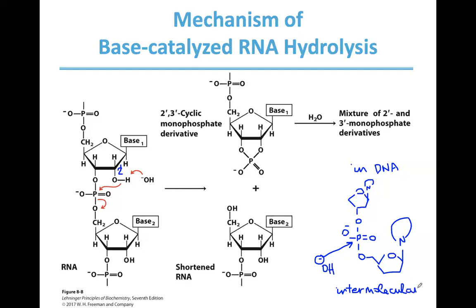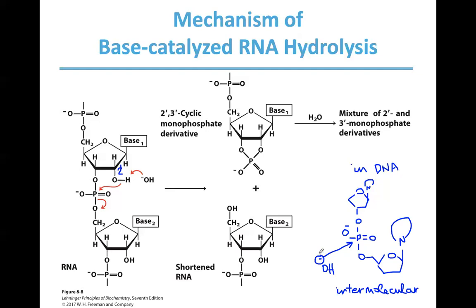And what do we know about intermolecular reactions? Are they fast or slow? Which ones are faster, intermolecular or intramolecular? Intra will be faster, because for the intermolecular reactions, these two species have to find each other in solution, right?